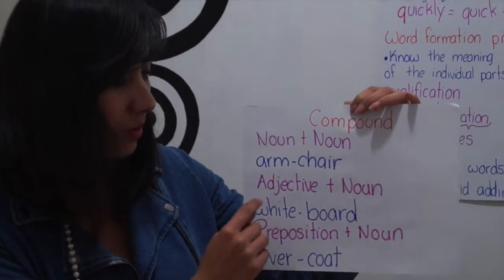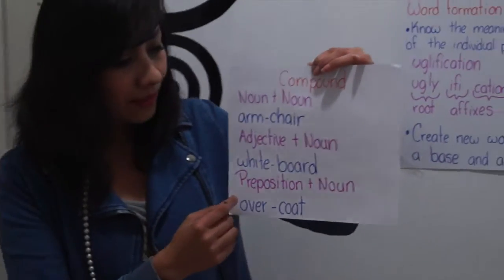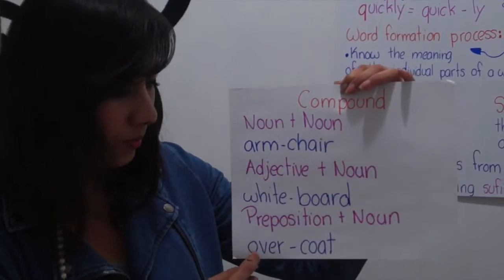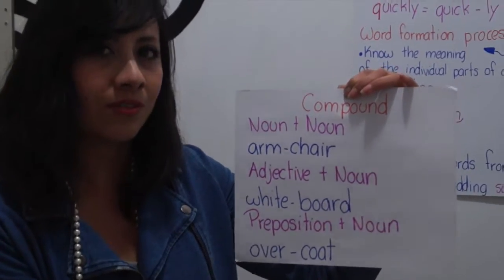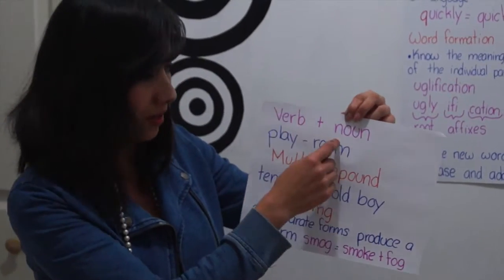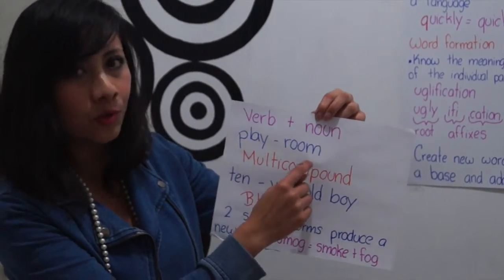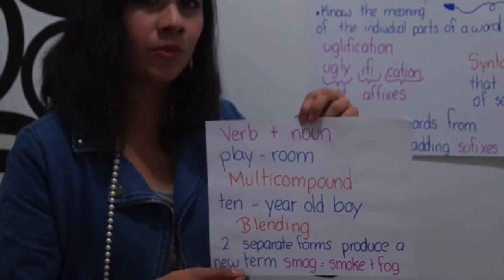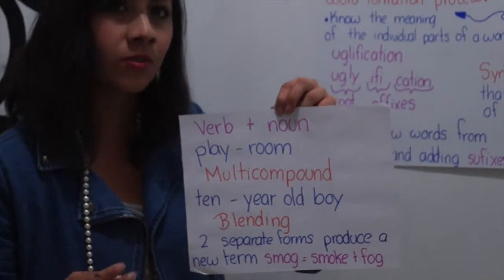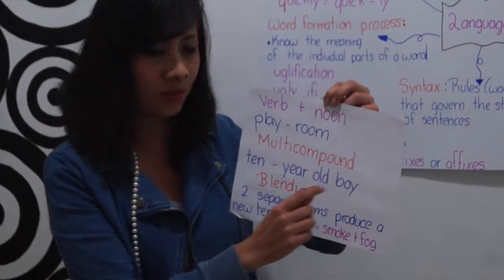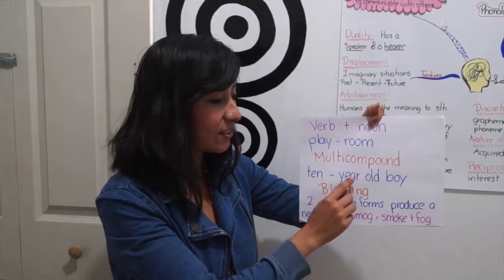For example, whiteboard. The other one is preposition plus noun. For example, overcoat. Another example of a compound word is verb plus noun. For example, playroom. What we have also is that a compound word is not just about two words. It could be more than two words. These ones are multi-compound words. For example, 10-year-old boy.